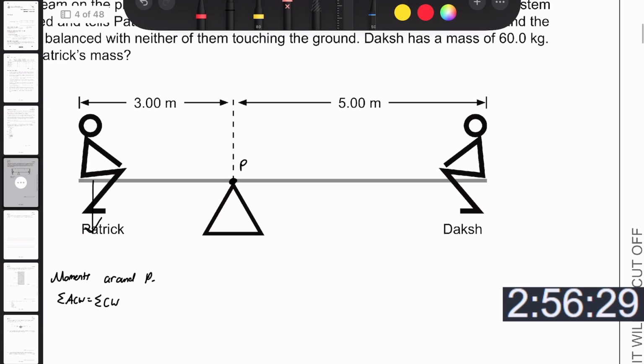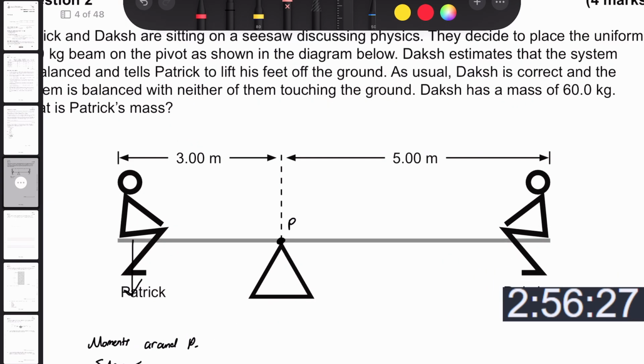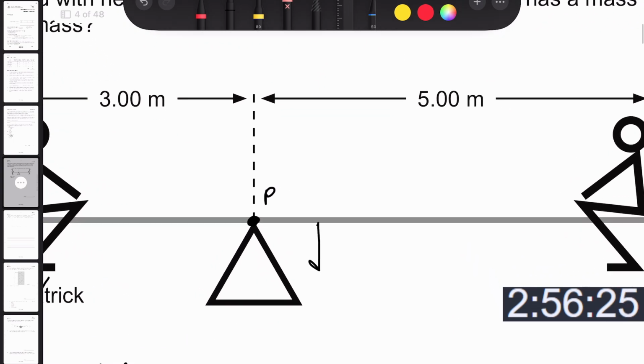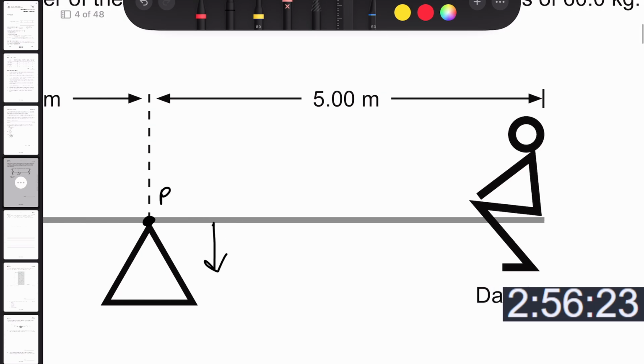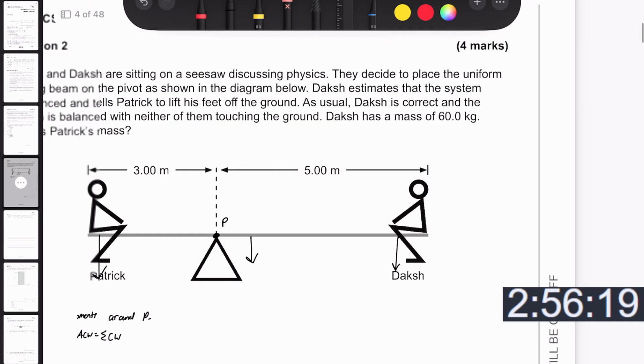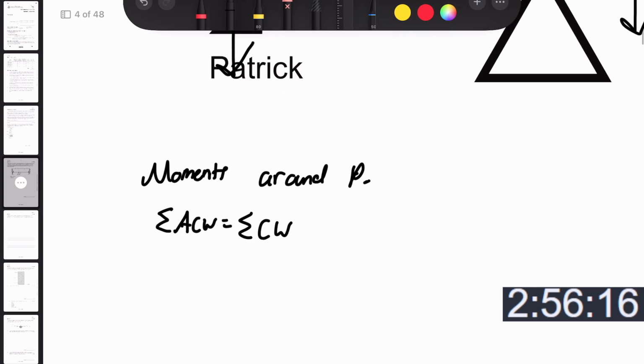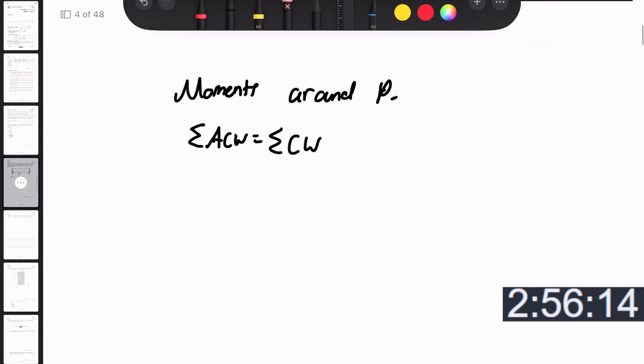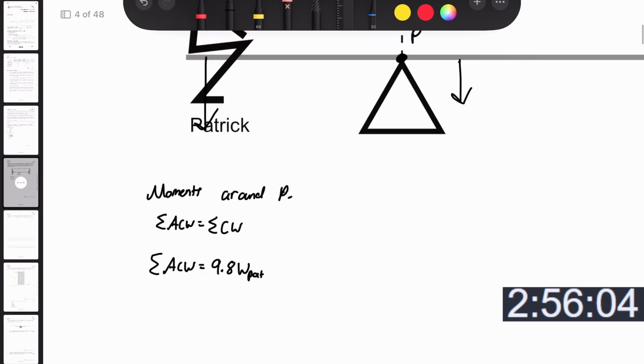There's also going to be some force from the beam here, and then Dakish is going to have some force going down here as well. So anticlockwise is only going to be Patrick. So let's say it equals 9.8, the weight of Patrick, times 3 meters.